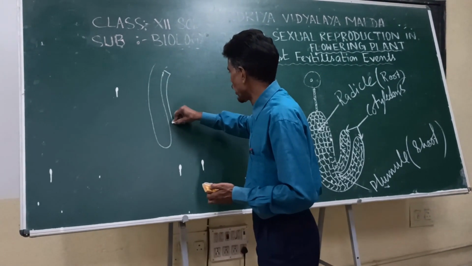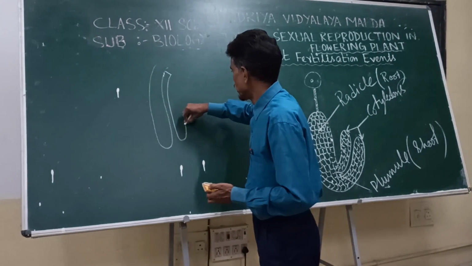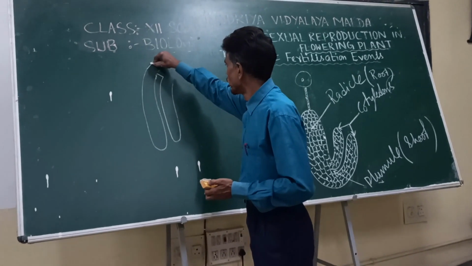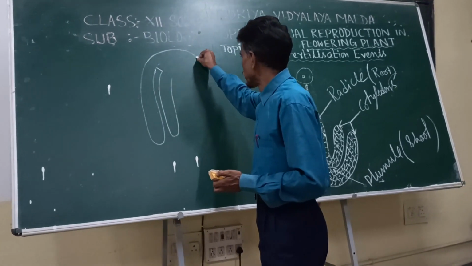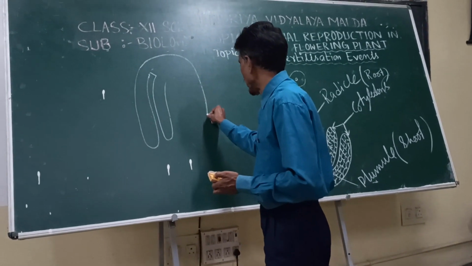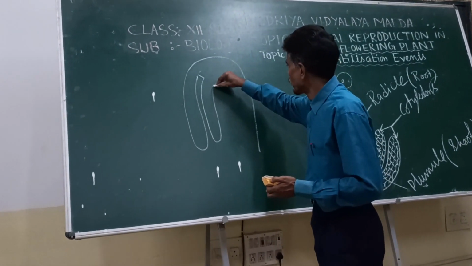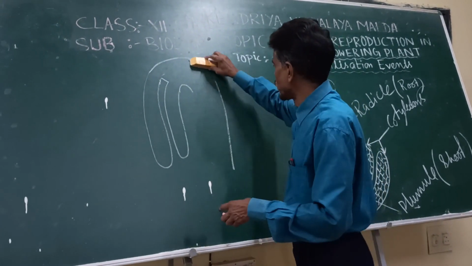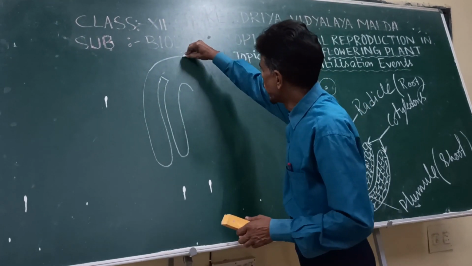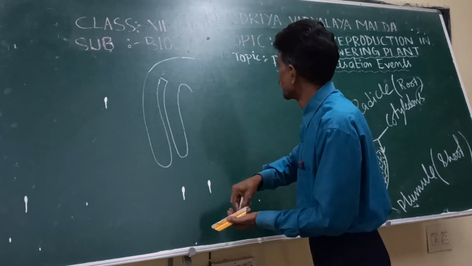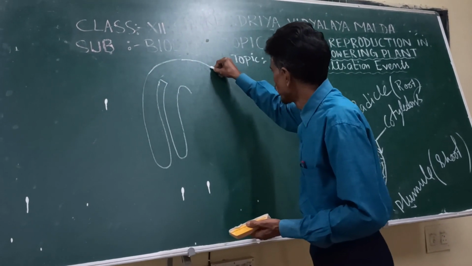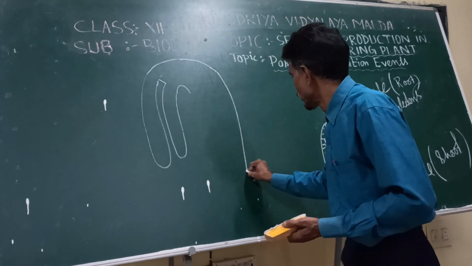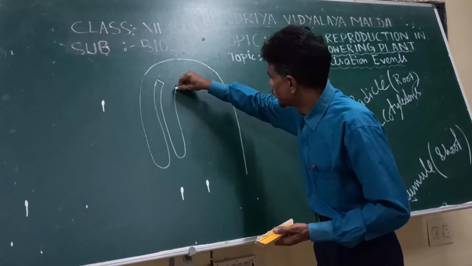dicotyledonous, meaning having two cotyledons. So this is one, this is the second one, this is the embryonal axis. Embryonal axis, slight modification. This is the embryonal axis.